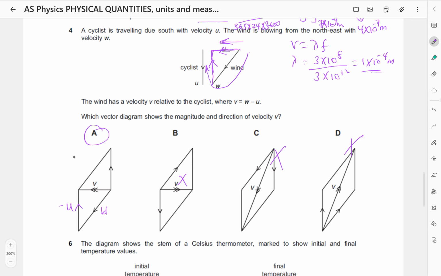Alternatively, this is minus u, and this is w. So if we form that loop there, the resultant is the other way around. Or if we form this loop there, the resultant is still the other way around. So that is making the answer to be A.